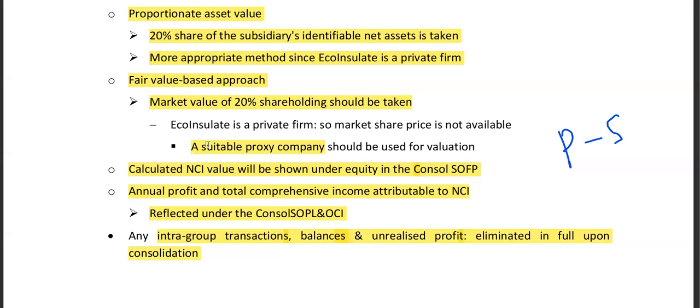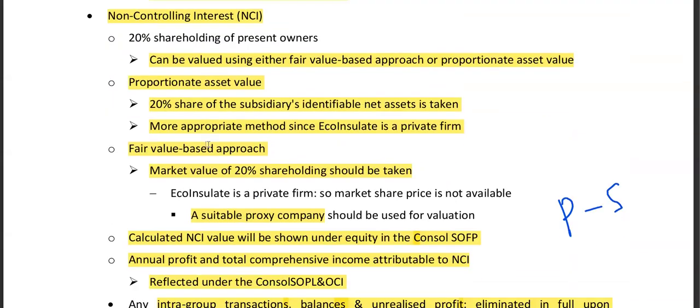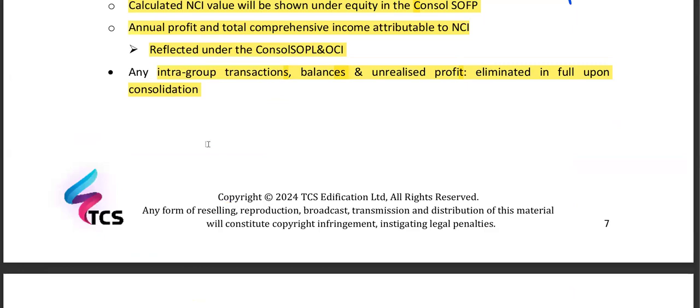So these would be the basics with regard to accounting for the non-controlling interests.